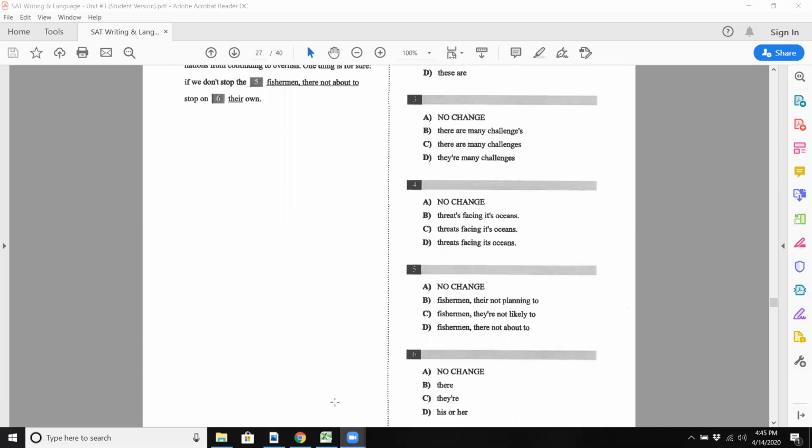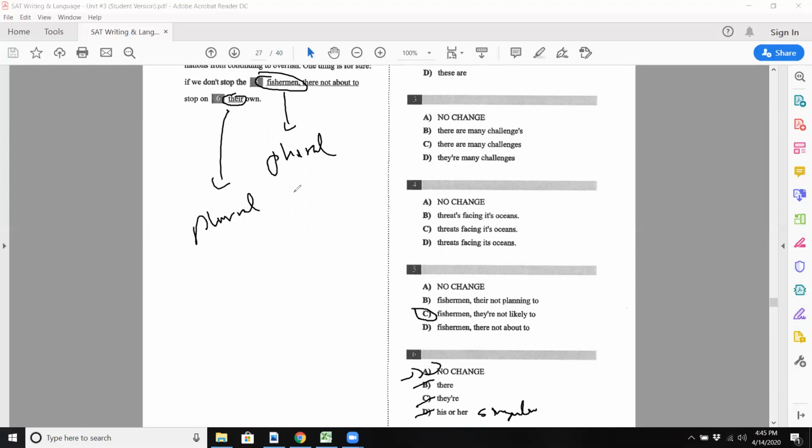And one thing is for sure, if we don't stop fishermen, they're not likely to, so I'd probably say C. To stop, and that should be possessive. I think that's fine the way it is, because you're talking about fishermen, that's plural. Of course, that's singular when I say his or her. They are makes no sense, there makes no sense, but that's plural as well. So you need to be consistent as well. So that's just more on the same stuff.